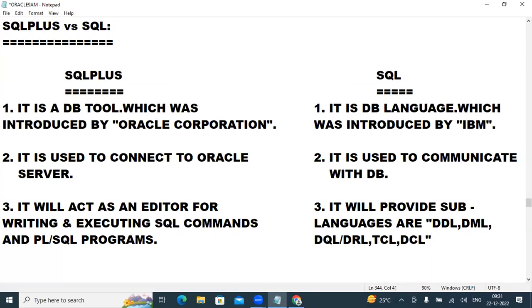These languages are used to perform operations over the database.